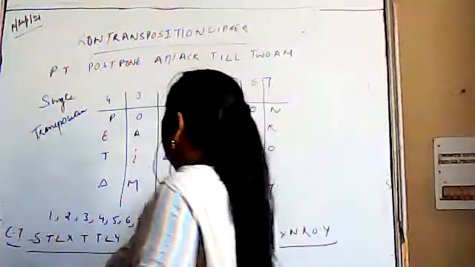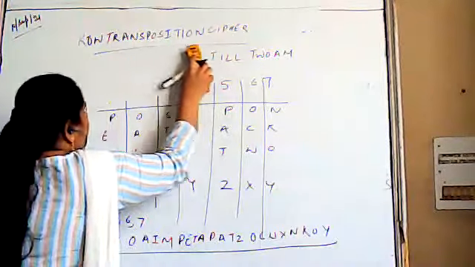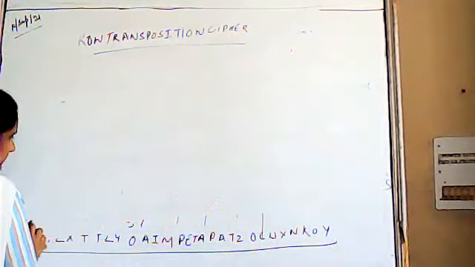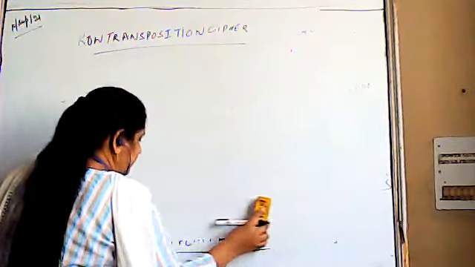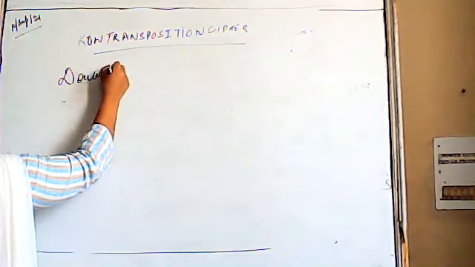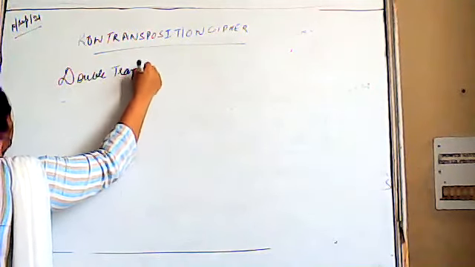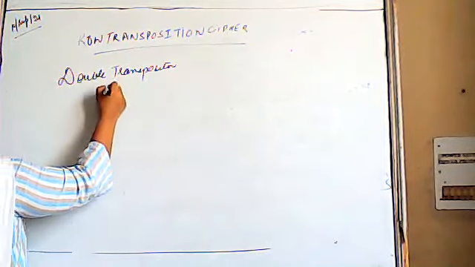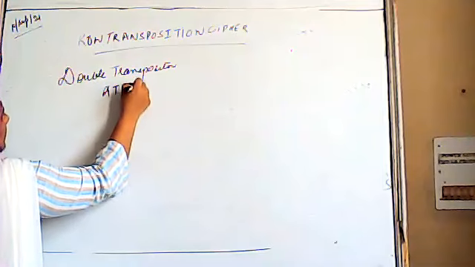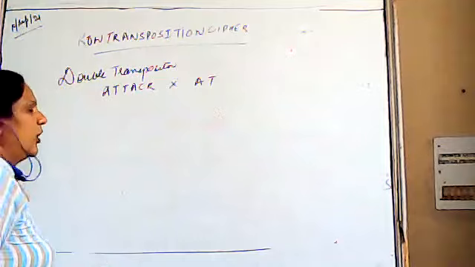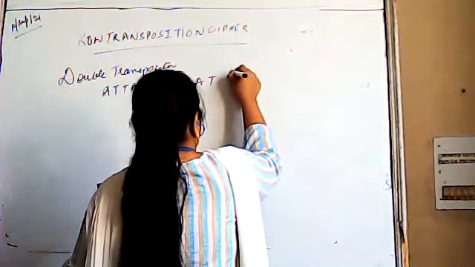Okay. Now let's do the double transposition. In this, for example, the message is attack X at dawn X. Fine.